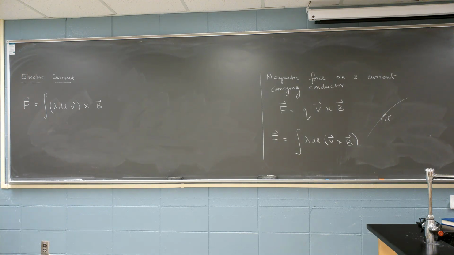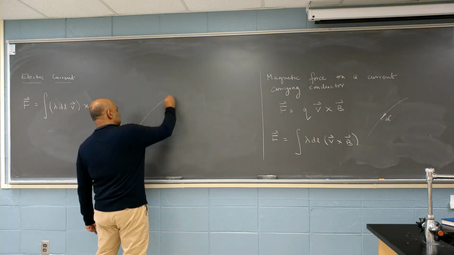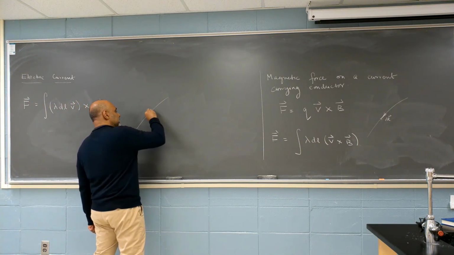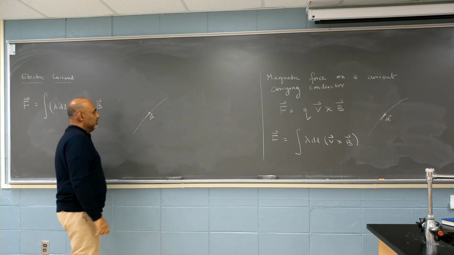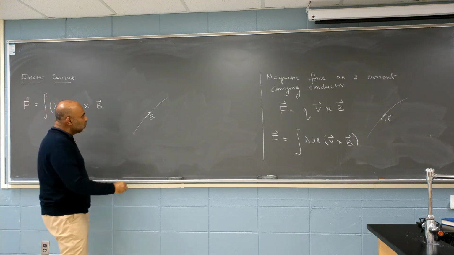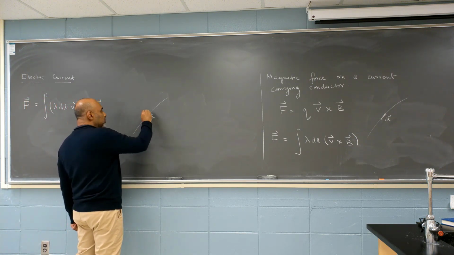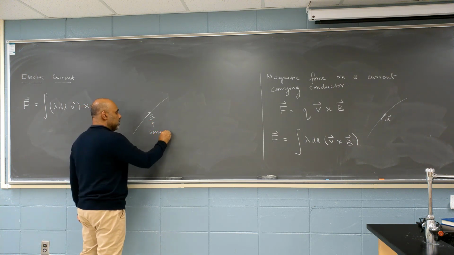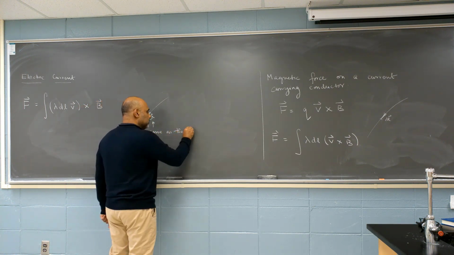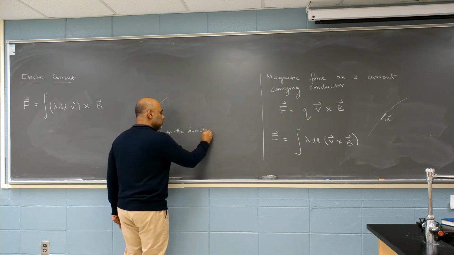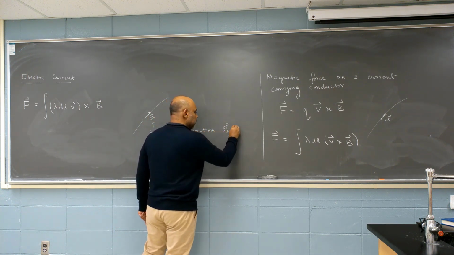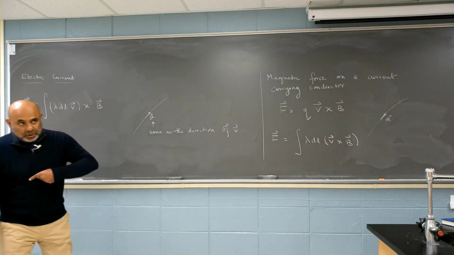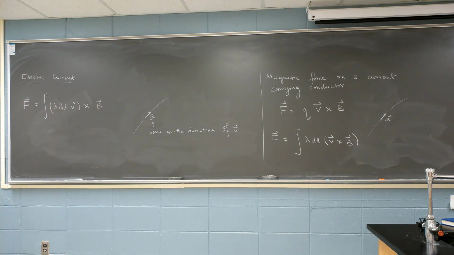Now I'm going to do a little shuffle. That's an interesting trick. Look, this is the vector dl, but that is also at least the direction of V, because after all, the charges are flowing along the conducting wire.